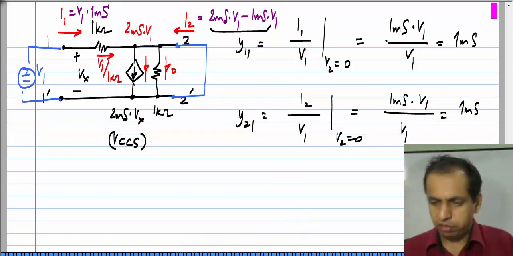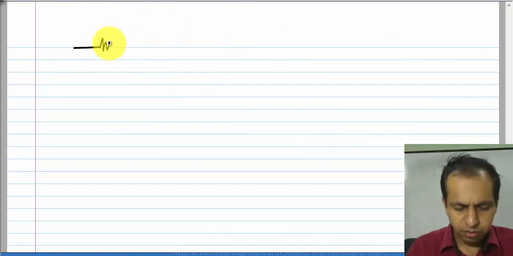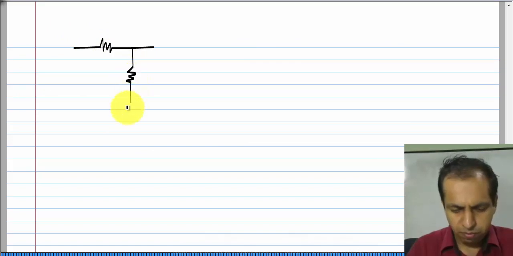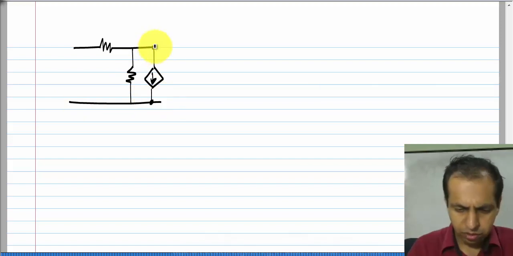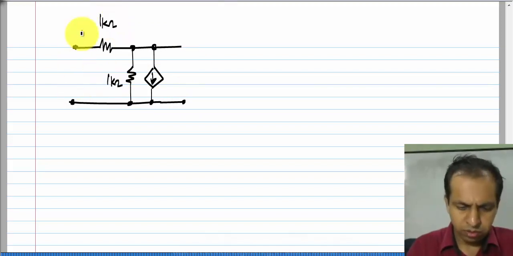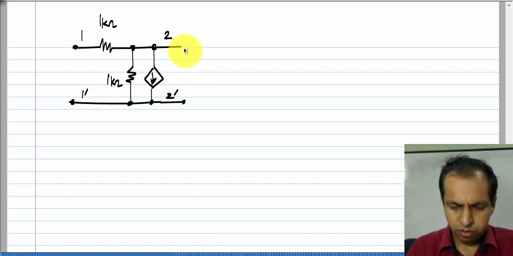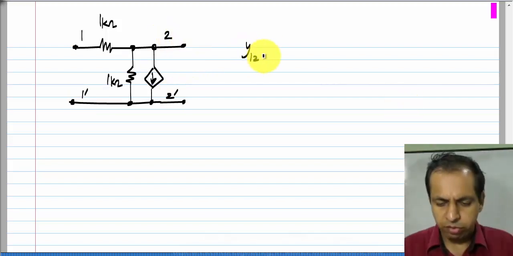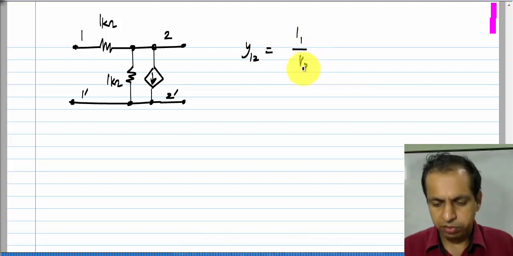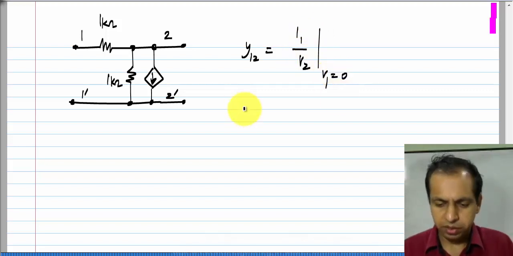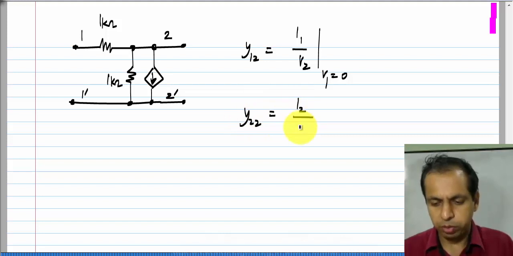Then we have to calculate the other two parameters. We have to calculate Y12, which is I1 by V2 with port 1 shorted, and Y22, which is I2 by V2 with port 1 shorted.